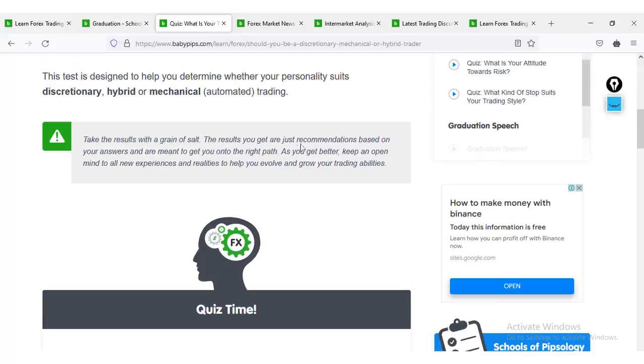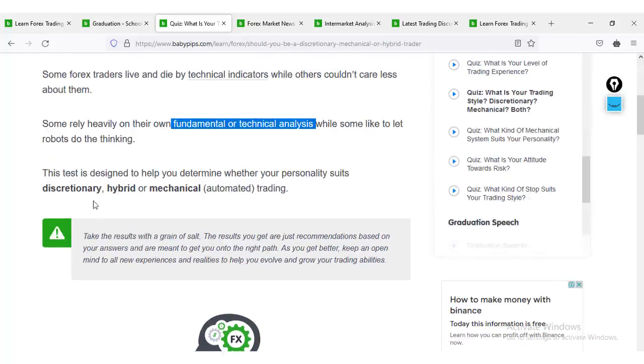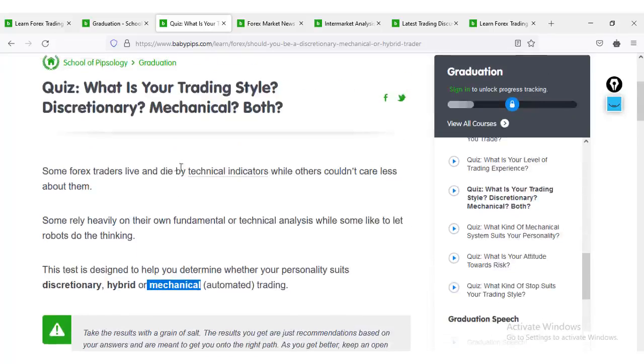And after the tests, I was told I am not a discretionary trader, I'm not a hybrid trader, but I'm a mechanical trader that does best while using this and this.